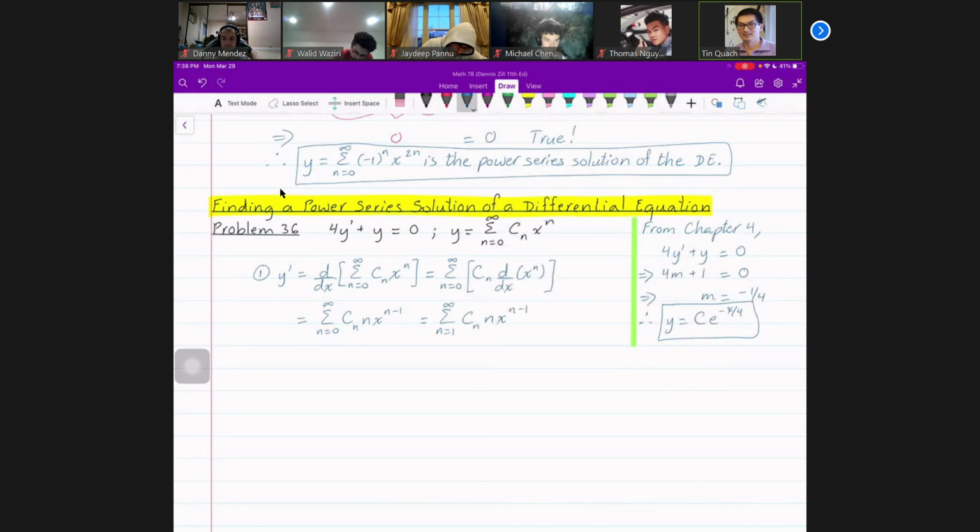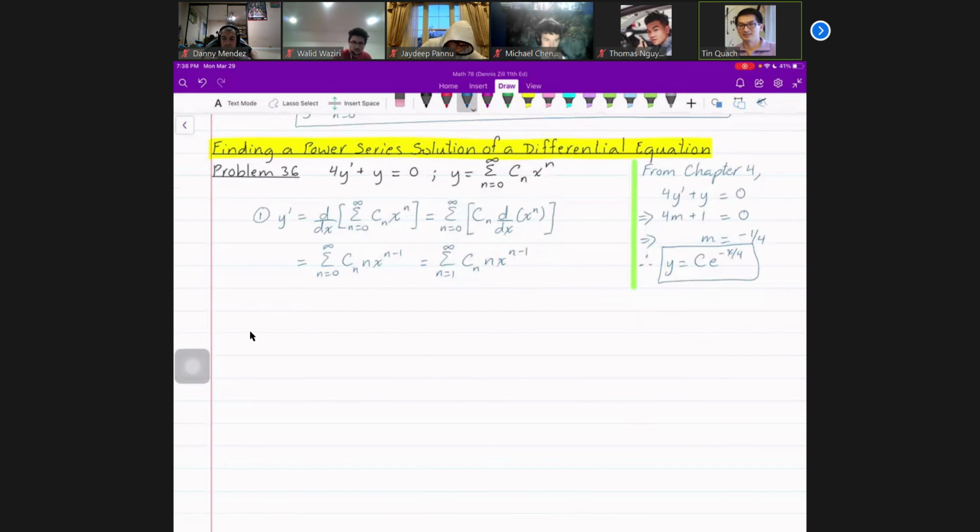All right, so step number 2, you're going to plug them in. You have 4y prime plus y equals 0.